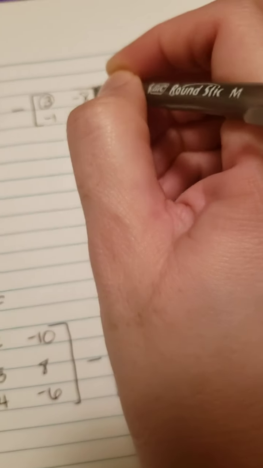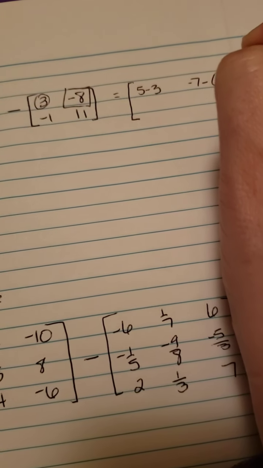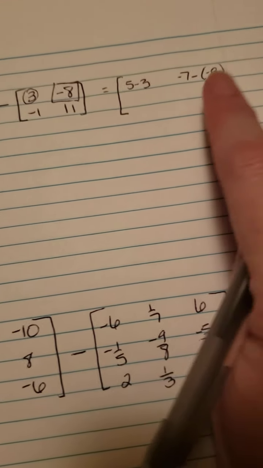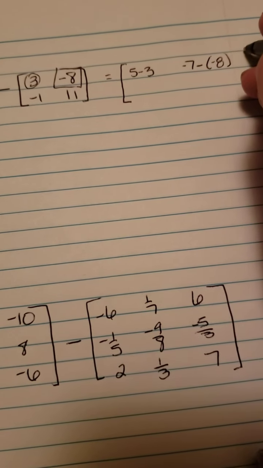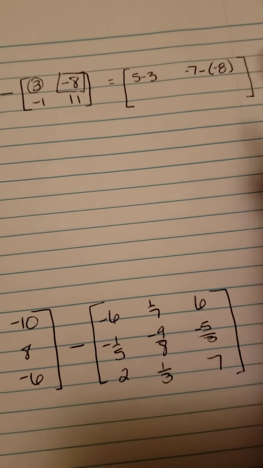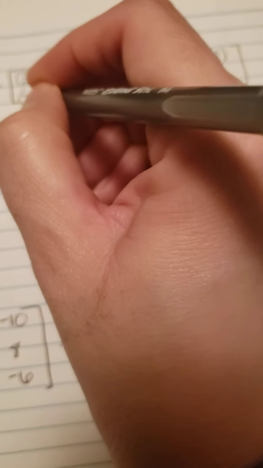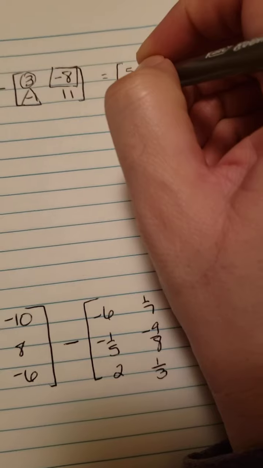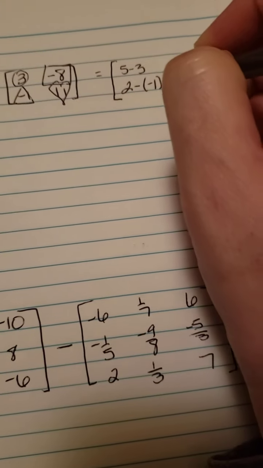So then I'm going to take negative 7 minus negative 8. Remember, it's minus. So even though that 8 is negative, you still have to subtract negative 8. And then I've got 2 minus negative 1. And then I have negative 1 minus 11.